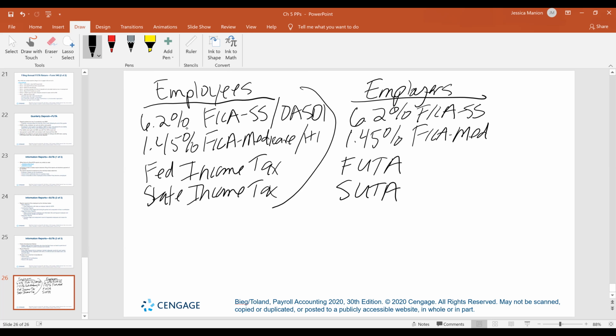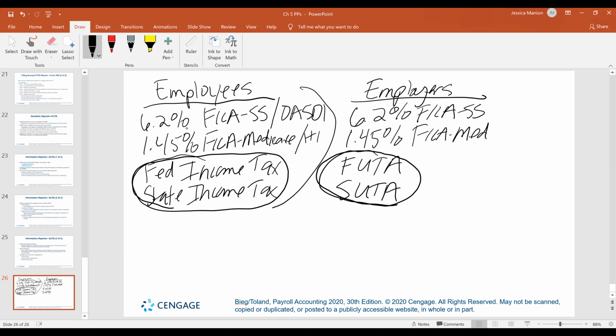So employees have the federal income tax and the state income tax. Employers have federal unemployment tax and state unemployment tax. That's the overall difference between what taxes employees pay and what taxes employers pay.